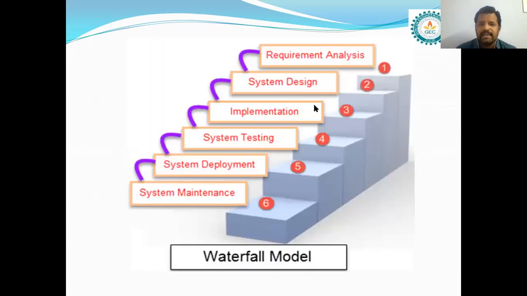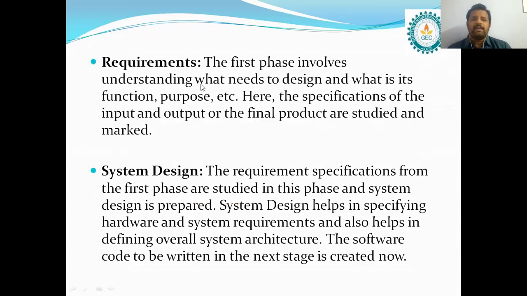See, this is the diagram for the waterfall model, which is followed by the different phases. The first one is requirement analysis, then system design, implementation, testing, deployment, and maintenance. Right. Now we will discuss each and every phase one by one, starting with requirement analysis. The requirements phase, the first phase, involves understanding what needs to be designed and what its function and purpose are.